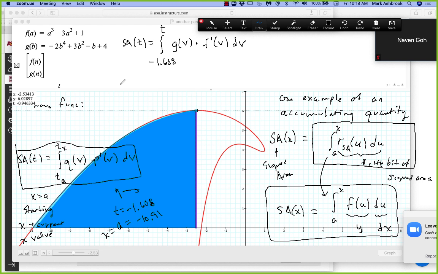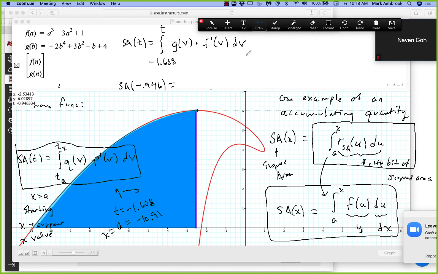So the signed area at negative 0.946 would be this integral from negative 1.608 to negative 0.946 of g of v times f prime of v dv. And that would be positive.